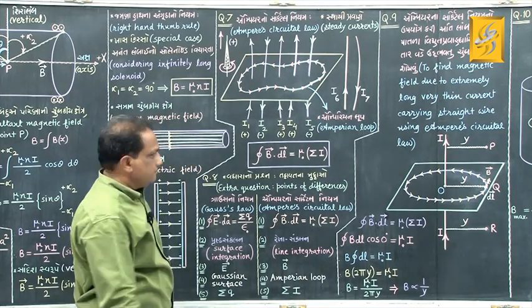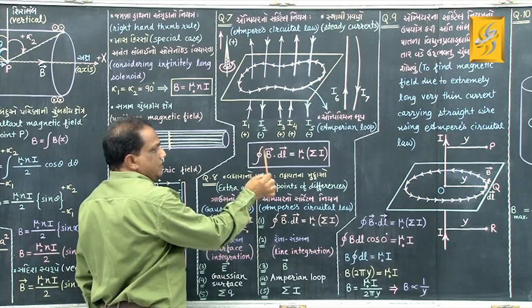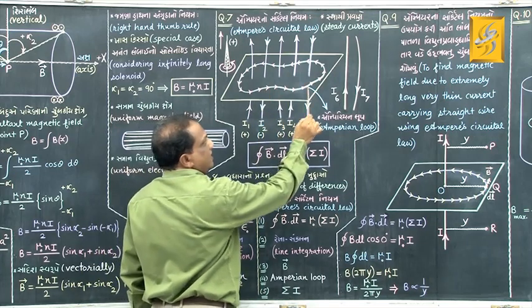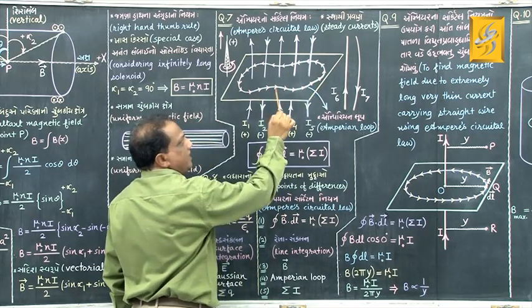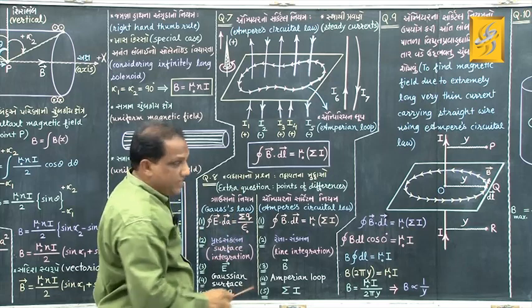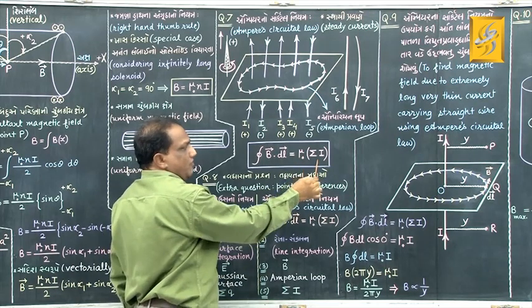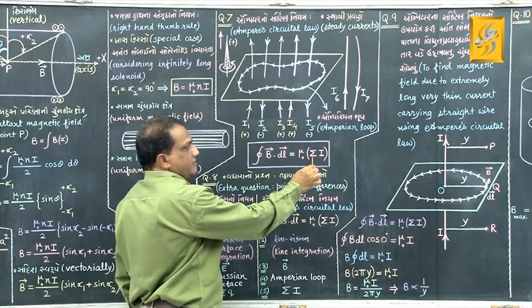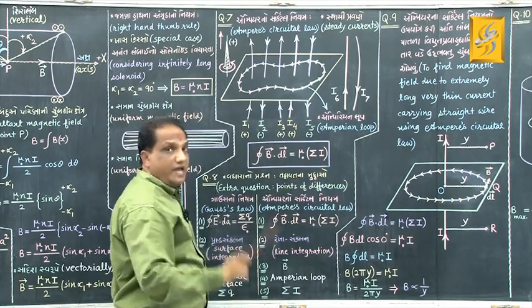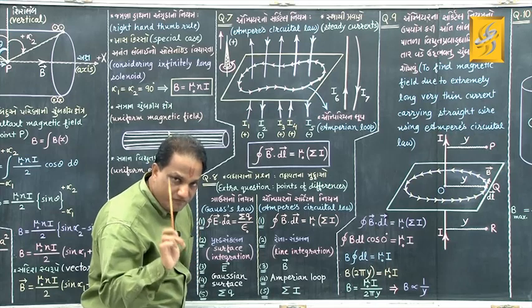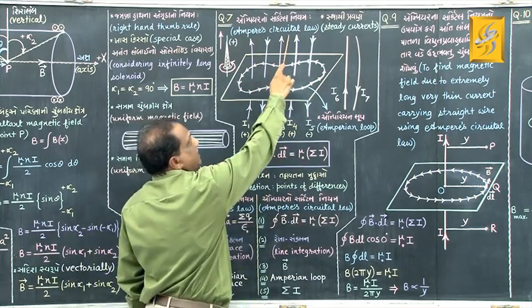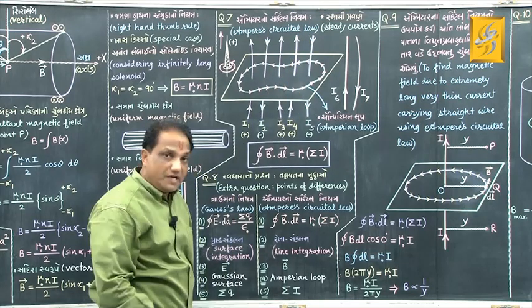I repeat, closed line integration of magnetic field taken over a considered planar closed loop in a magnetic field is always equal to the product of permeability of vacuum and the algebraic summation of electric currents enclosed by that loop, full stop. This very statement is called Ampere's circuital law, correct?